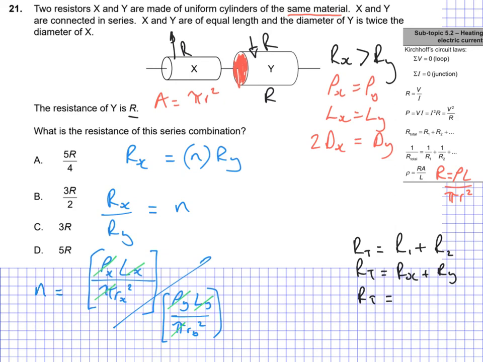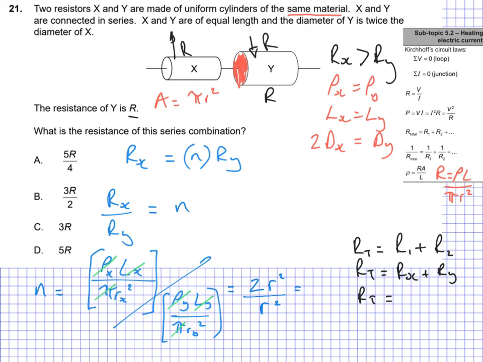And that means that our n value, the multiple of the ratio of the resistance of X to Y, is going to be, well, we're going to bring the radius of Y up to the top, and that's a ratio factor of 2, because the diameter is twice, which means the radius is twice. So 2R squared over R squared.